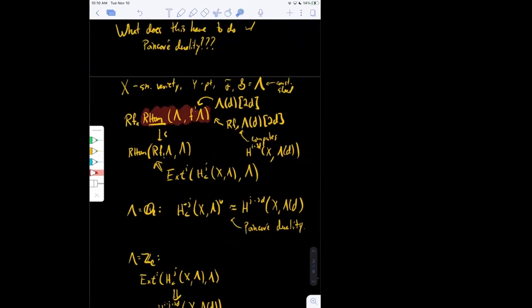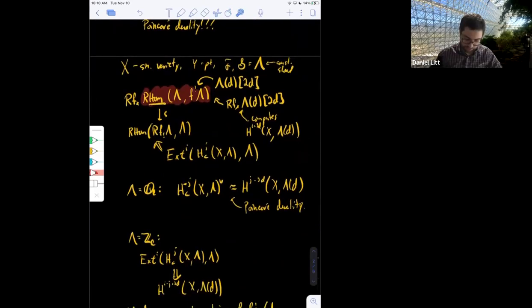Yeah, that's right. Somehow the trace map is included in this: if you take lambda to be lambda of D and stare at what you get here, you'll see that the trace map just pops out.